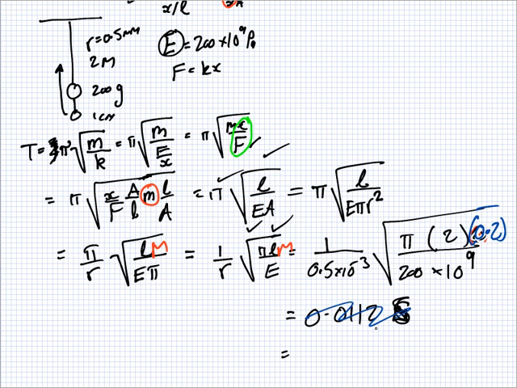There we go. 5.01, is it? Times 10 to the minus 3 seconds. Yeah, no, that's right. Show me. Ah, you typed it in wrong. That square root is on the top, not the bottom.